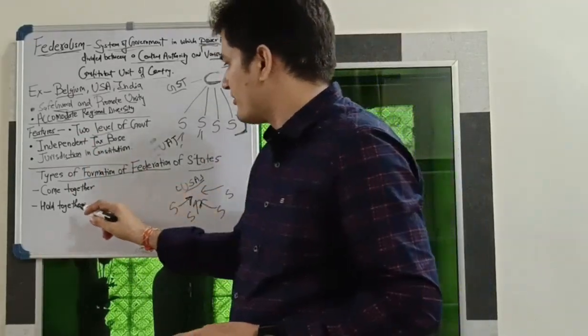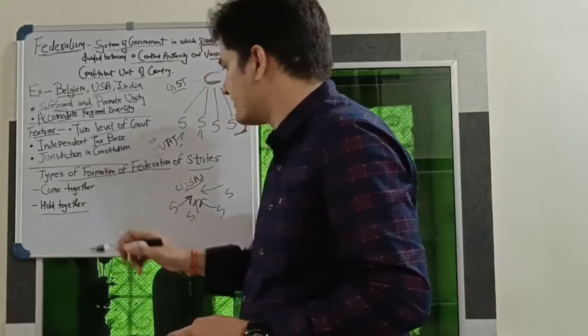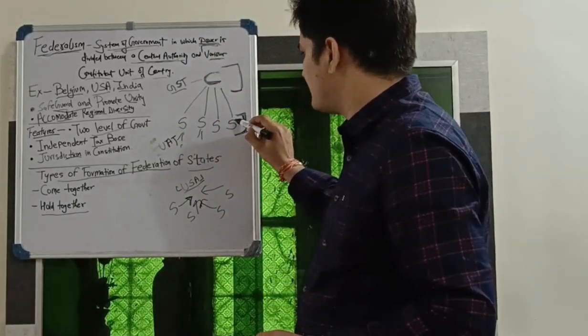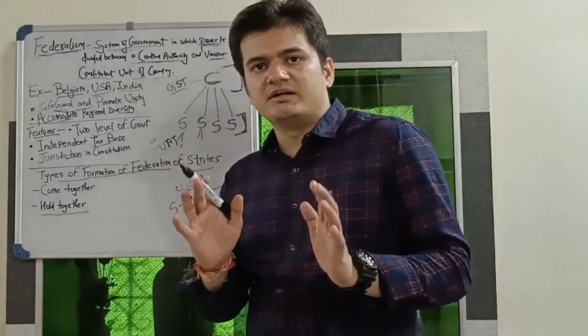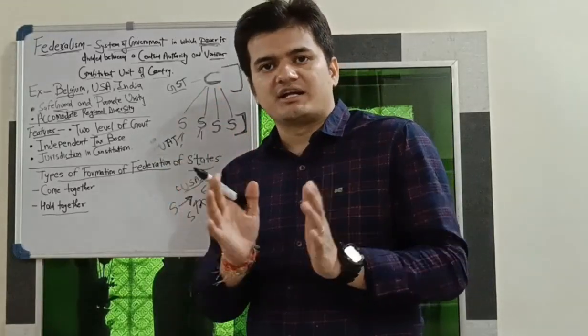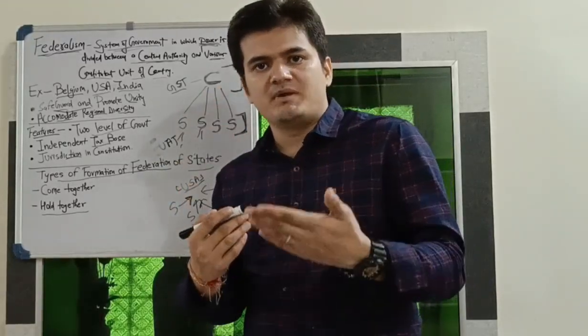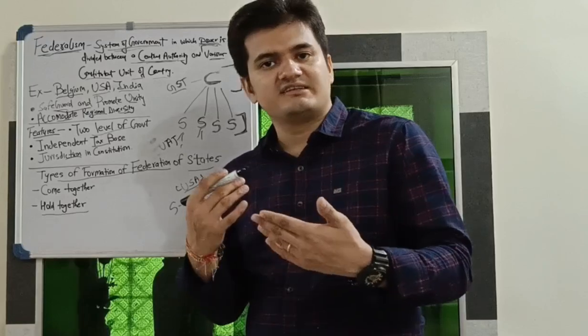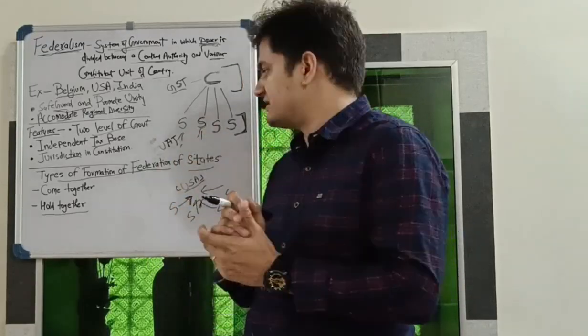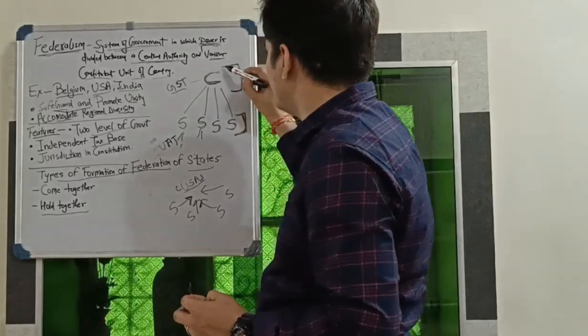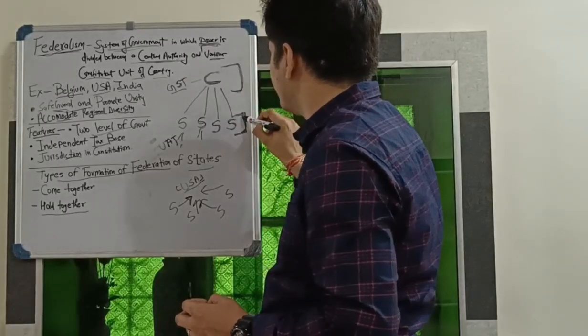And another form of federalism is hold together. That means in a large country like India, it can make various states and distribute some power to the respective states. Like in India, we have the central government and the state government.